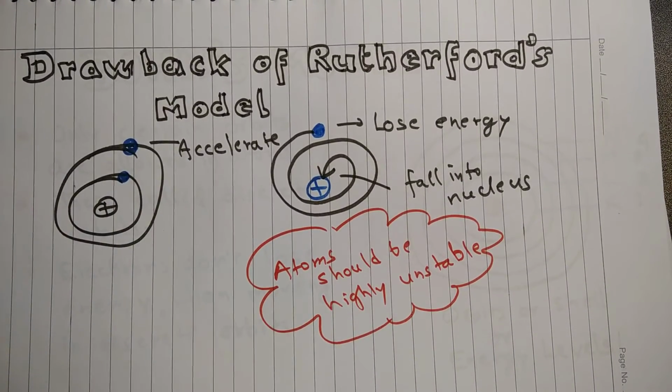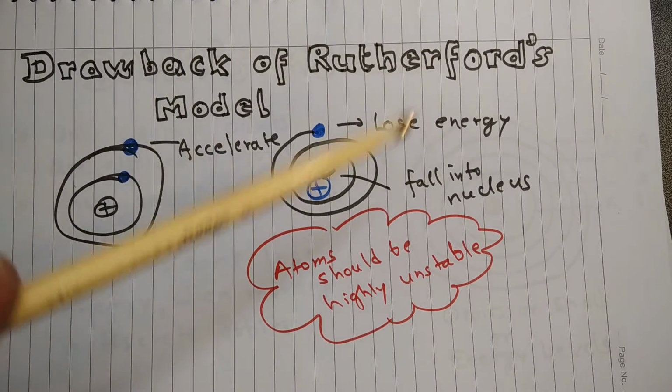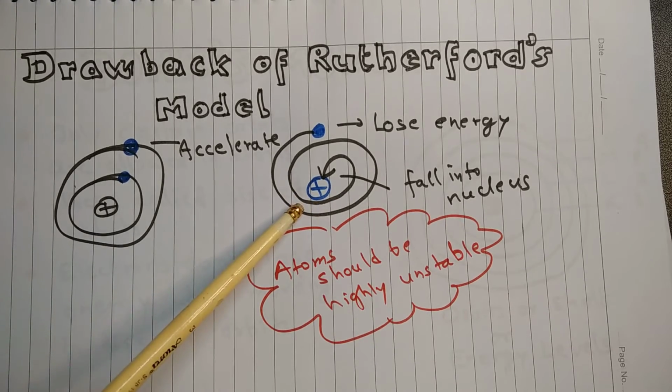As per the laws of physics, whenever an object moves on a circular path, it accelerates, and because of acceleration it radiates energy, or loses energy. So electrons, since they are moving on circular paths, will keep on losing energy, and a time will come when, because of the loss of total energy, the electrons will collapse into the nucleus, and this will result in destruction of the atom.